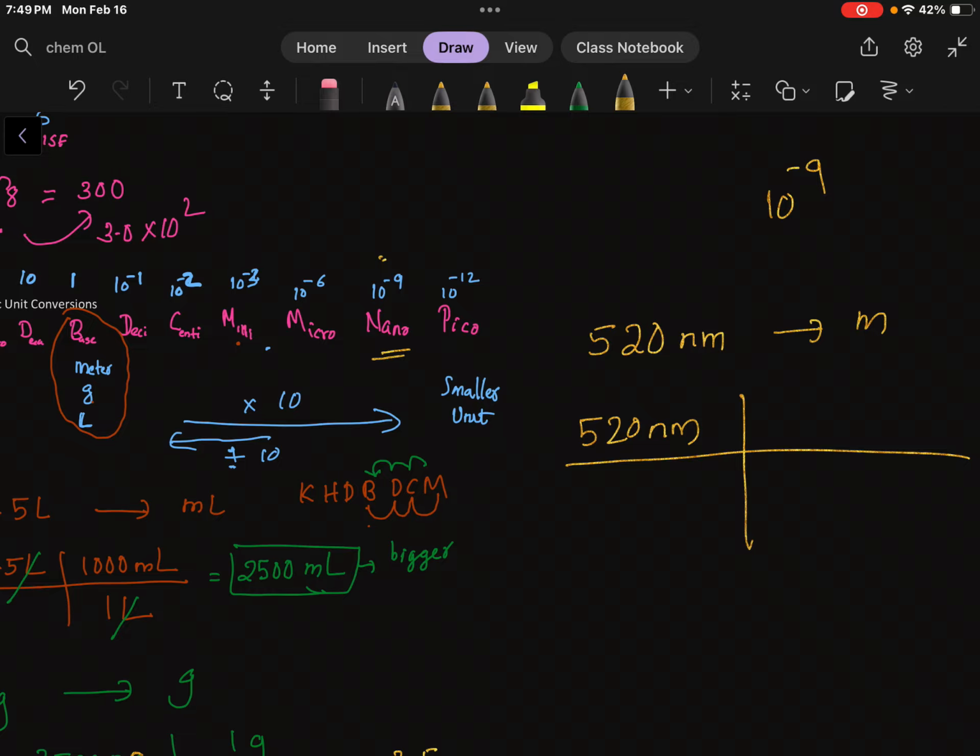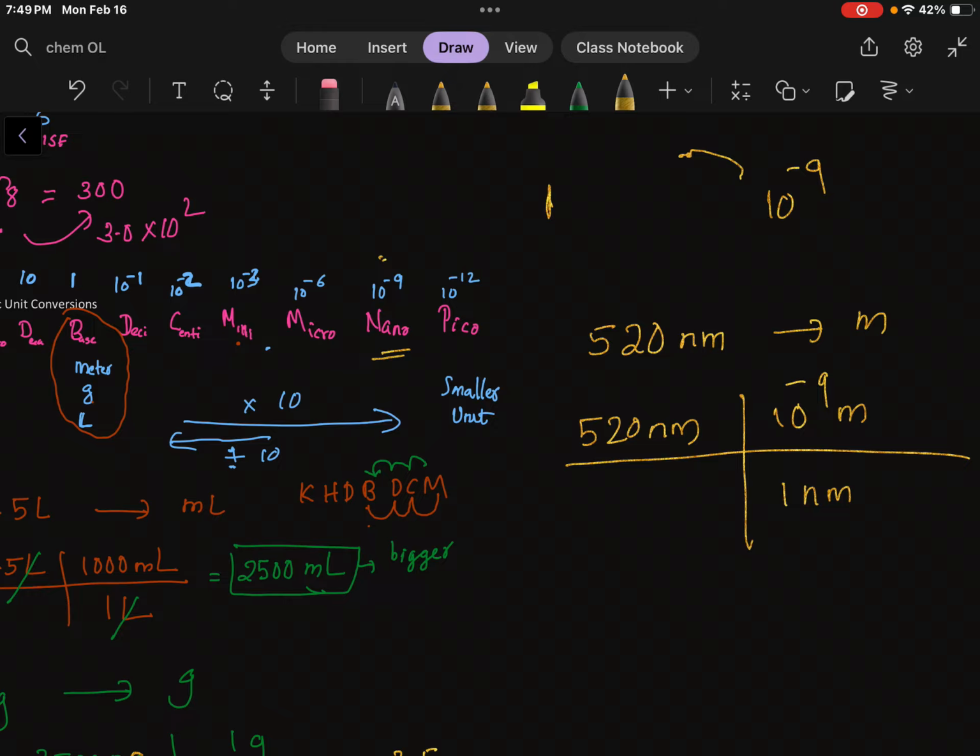How many times you have to come here? It is 10 to the minus 9 and you have to come to the 1. That means 10 to the power of negative 9. So I'm going to write 1 nanometer is equal to 10 to the power of negative 9 meter.